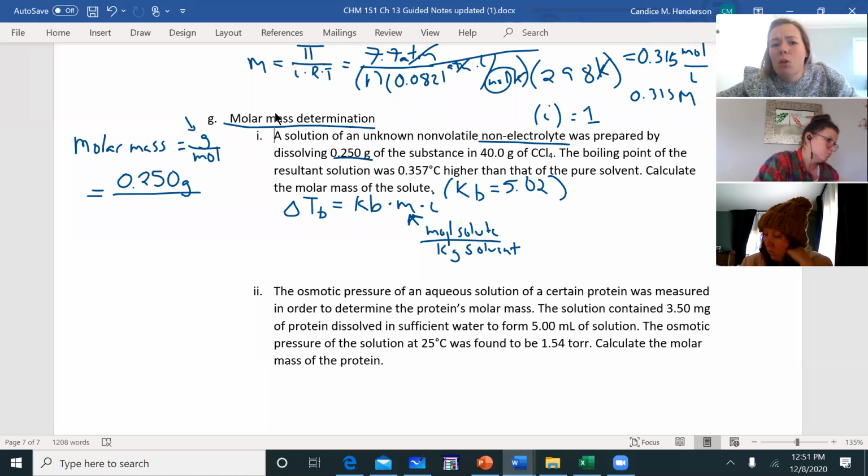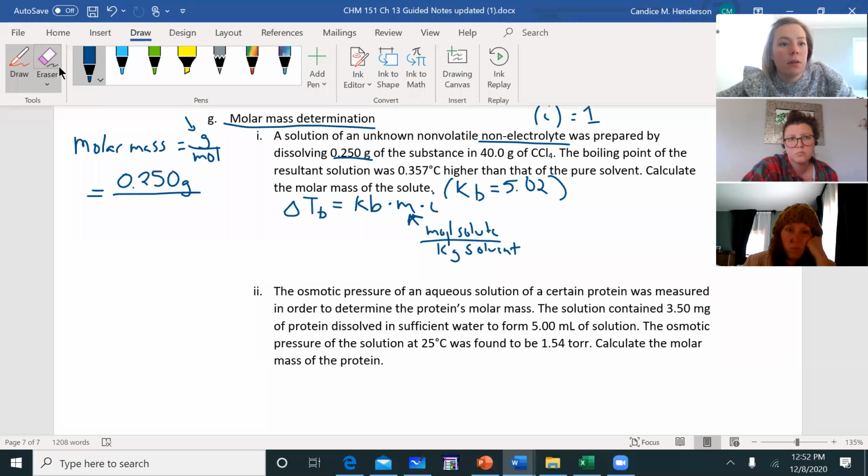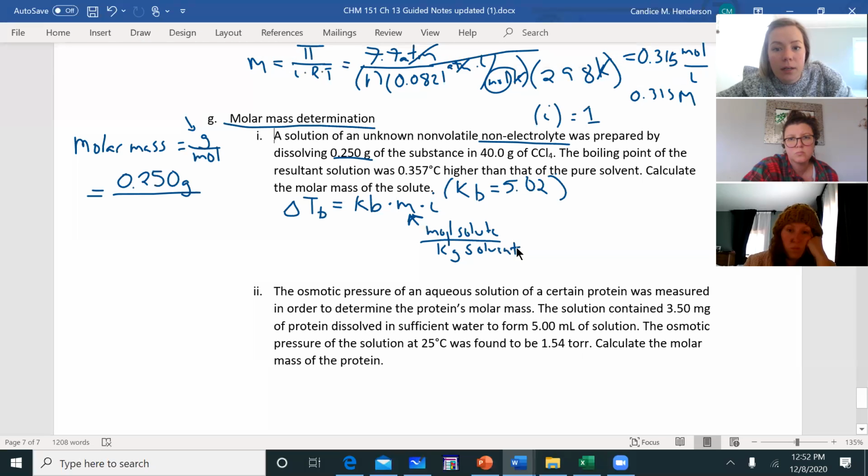For all these molar mass determinations where it's unknown, if it doesn't explicitly tell you the i value, you can just assume that it's 1. Right. So now we just get to plug and chug. So we're going to solve for molality, rather. Let me get, I'm going to temporarily erase this so we got some space.